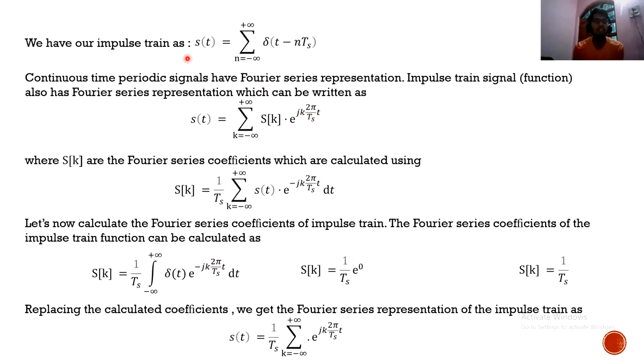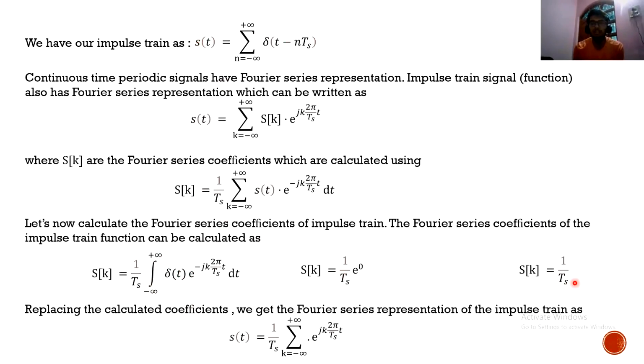So here is our impulse train, and for the impulse train this is our Fourier series. We have to basically form the Fourier transform of our impulse train. So by moving forward, we will calculate the Fourier series coefficient, which can be performed in this way. The Fourier series coefficient can be calculated by taking this impulse function, which we have defined for s(t).